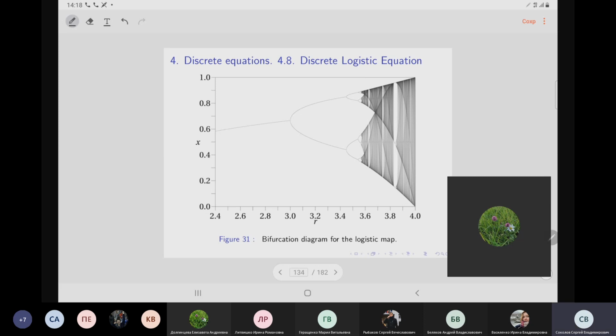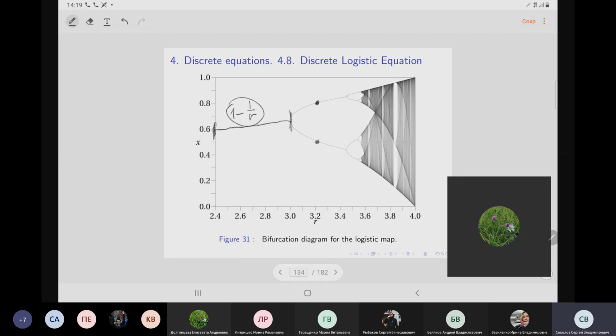So what do we see? When R is from 2 to 3, this is our stable equilibrium, 1 minus 1 divided by R. This equilibrium is stable. Then, with further increase of R, there is a stable 2-period solution.